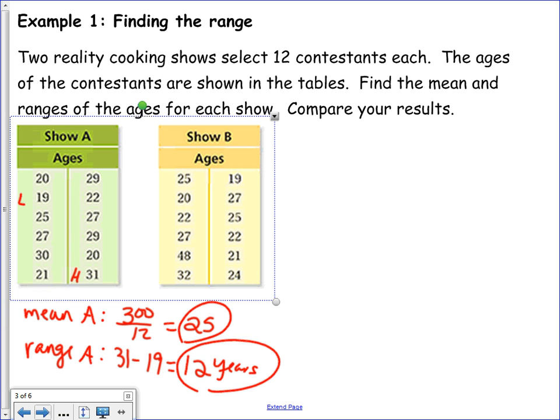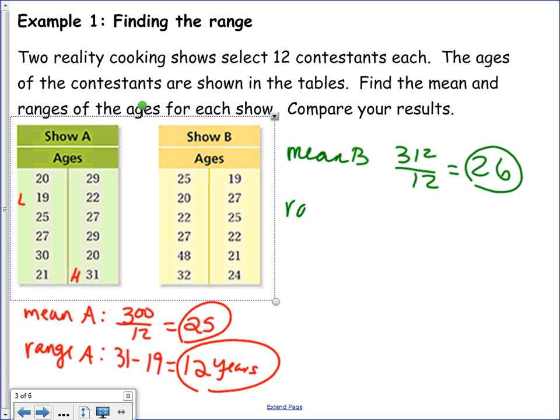Now we want to find the mean for B. Again, we add up all the ages in B, and that total is 312, divided by, again, 12 values. 312 divided by 12 is 26. Then for the range of B, we need to find the highest and the lowest values.